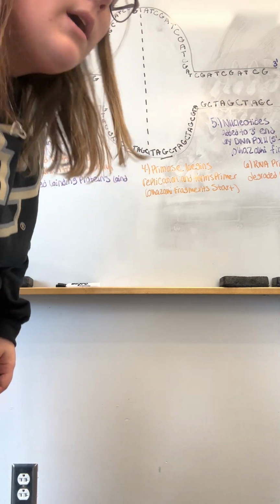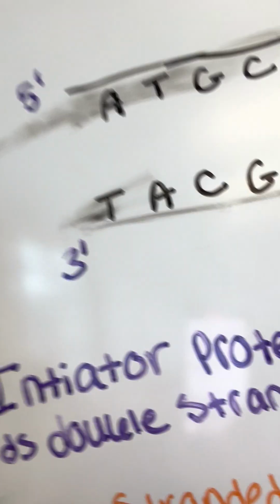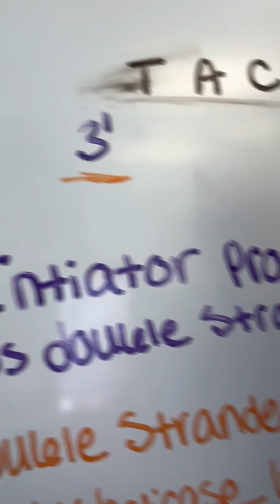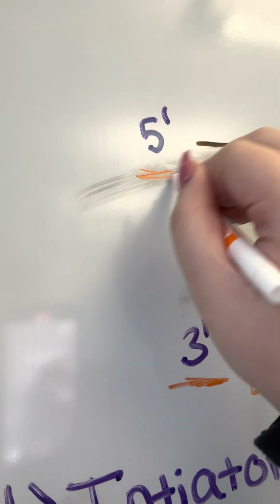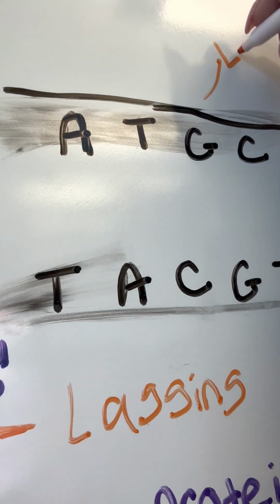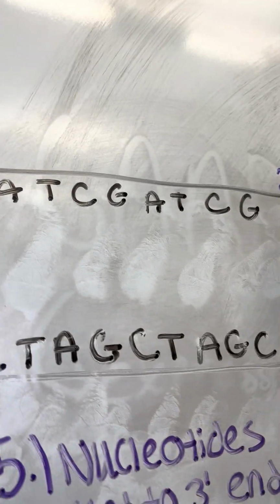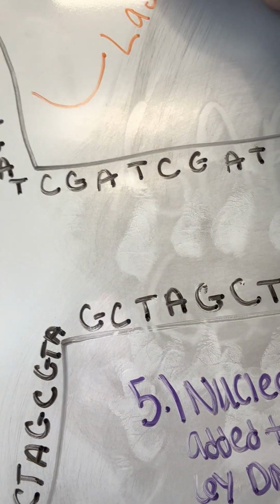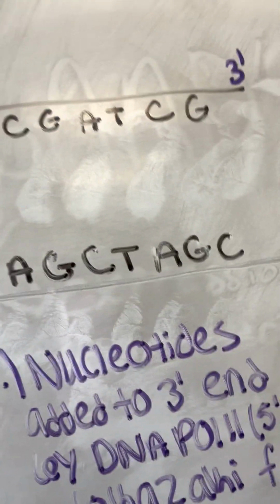So this strand that's labeled 3' here would be our lagging. And this strand up here, that's 5', this would be our leading. And then same for over here, this one that's 5', this strand would be our lagging. And this one's 5', so all of this would be our leading.